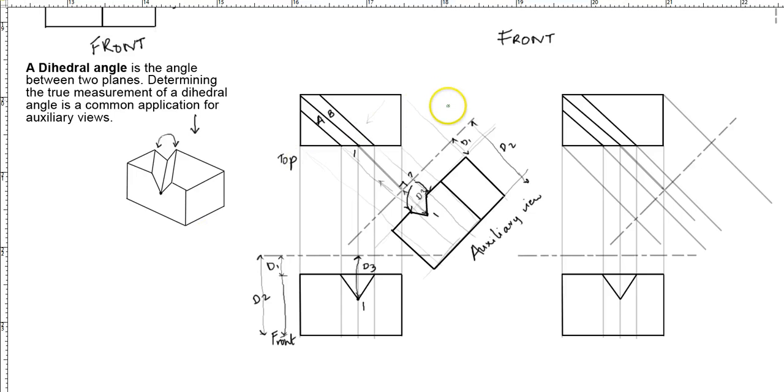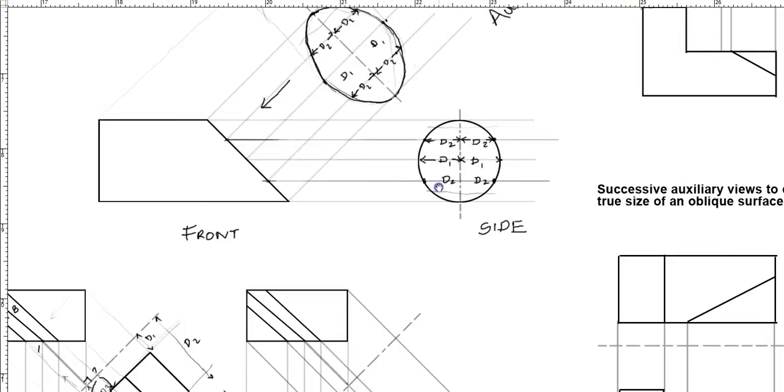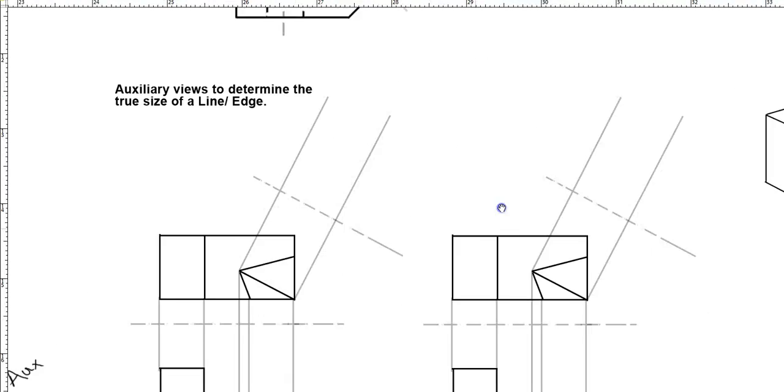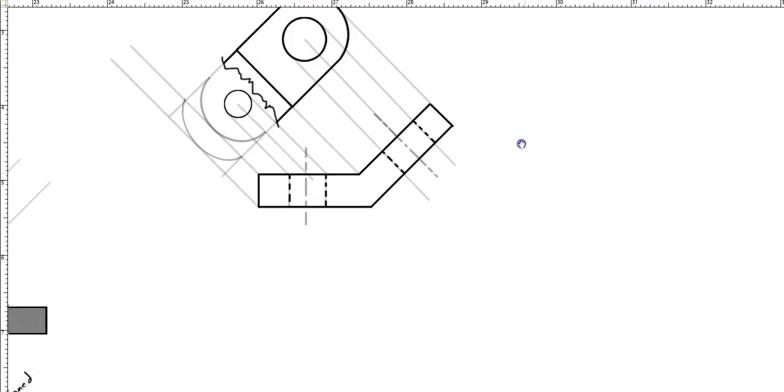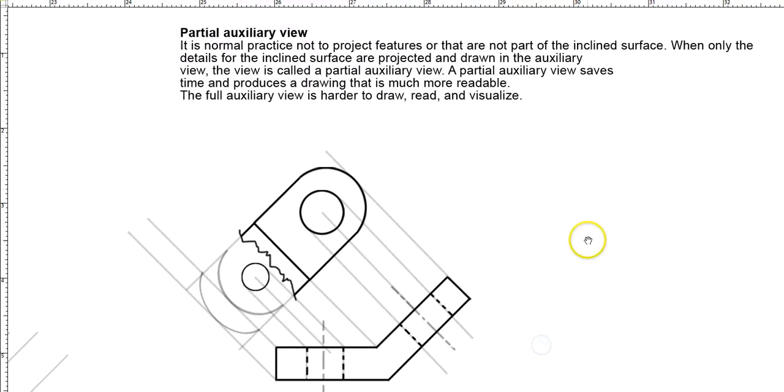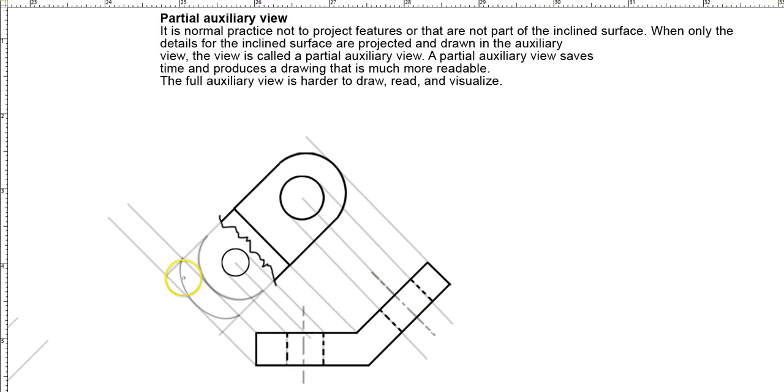The next exercise we have is a partial auxiliary view. Now we have already done a lot of these partial auxiliary views. The only reason why we make partial auxiliary views is because when you're doing hand drafting, you don't want to spend a lot of time on drawing the whole object.